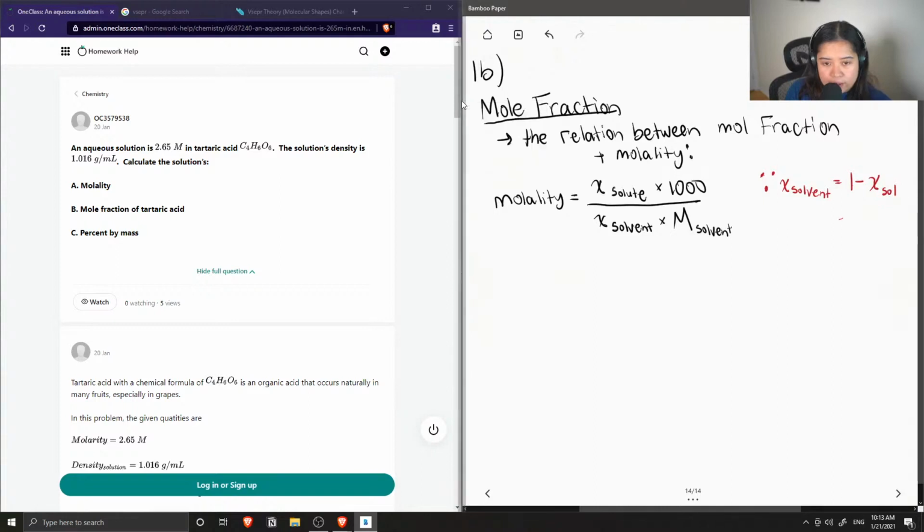And the reason we want to do this is so that we only have one unknown in our equation. And this will help us just solve for x.